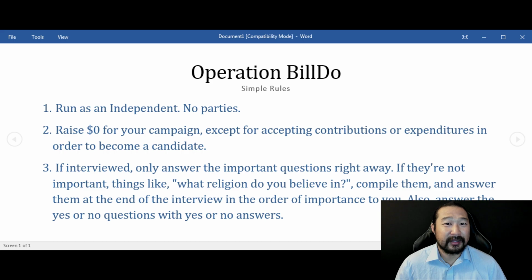So it's speaking a lot of truth to power, and that's rule number 3. If you're interviewed, you only answer the important questions right away. If they ask you about Russia, you go ahead and switch it to, Russia's irrelevant. There's no evidence whatsoever. It's a mainstream media narrative, fake news, and I'd rather talk about the DNC lawsuit.